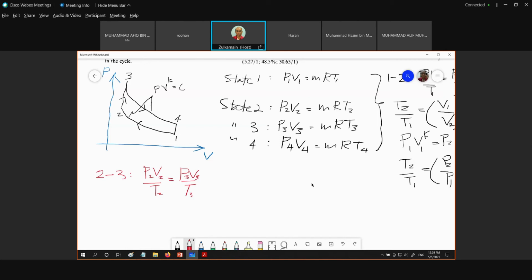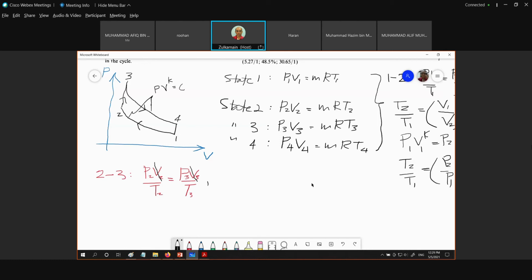And we know that V2 is equal to V3. So this is the extra equation, or the equation based on the given process from 2 to 3.